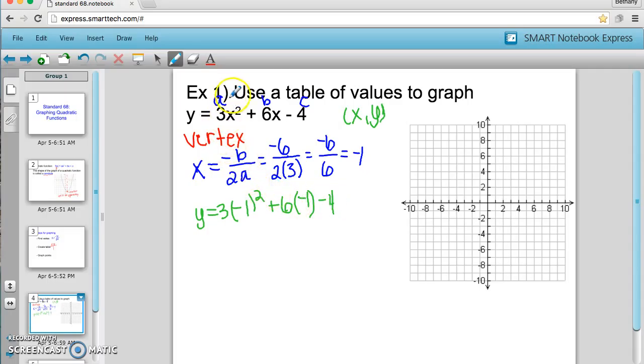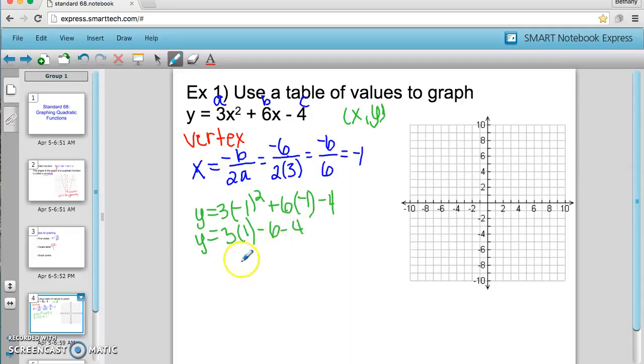We can type this in our calculator just like we see it, or we can do it out by hand. It takes a little longer by hand, but let's simplify this out. Negative 1 squared is just 1, so I have 3 times 1, and then 6 times negative 1 gives me negative 6, so minus 6, and then minus 4.